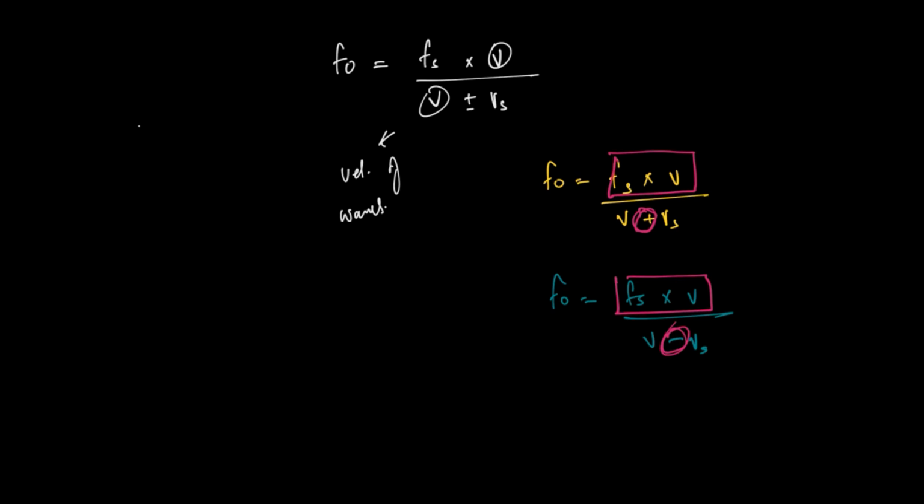So let's take some random values. Let's say the frequency of the source is 3 hertz. The velocity of wave is 10 meters per second, and the velocity at which the source is moving is 2 meters per second.